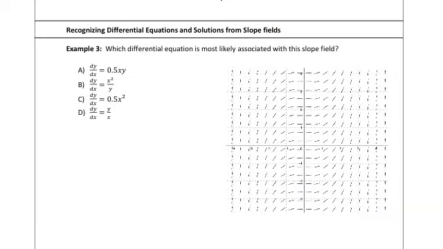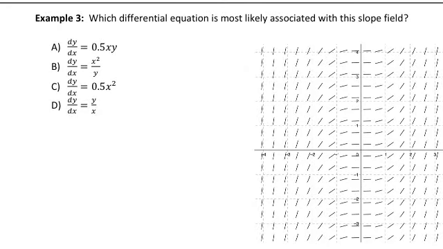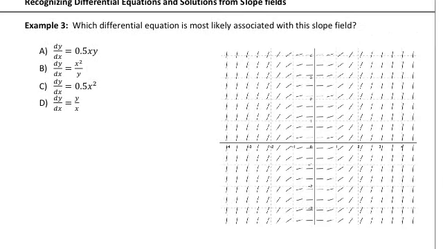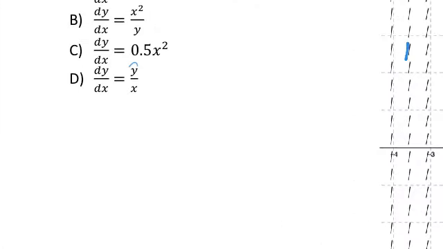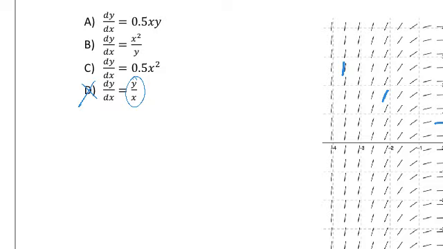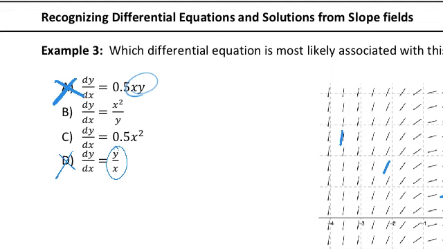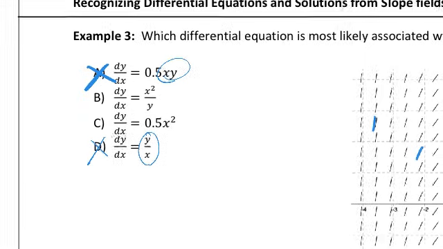Here's one. Here's a matching problem. We're matching this slope field to these differential equations. So when I look at these, I can already see that everywhere I look, the slopes are positive. They get to 0, but they're always positive, okay? So that is telling me that something like this is not going to be an answer to that slope field. If I look at something like this, it's also not going to be an answer here because xy would be negative in the second quadrant.